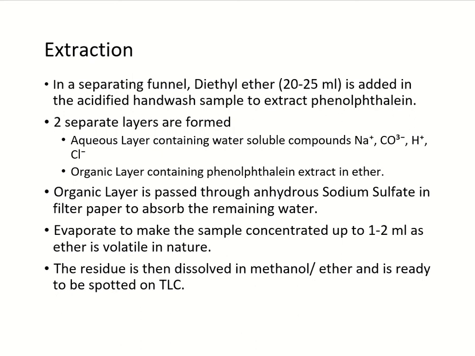The organic layer containing phenolphthalein is passed through anhydrous sodium sulfate in order to remove the excess or remaining absorbed water. Then the sample is concentrated by evaporation, and the residue is dissolved in methanol or ether for TLC, thin layer chromatography.